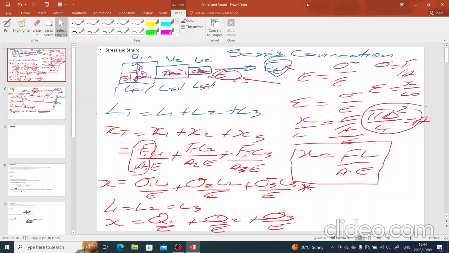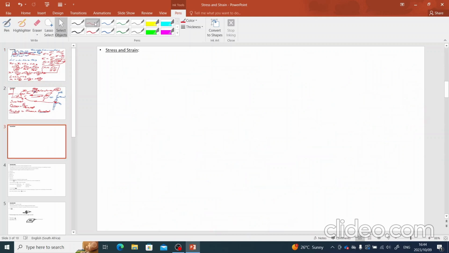Nothing restricts you at all. Now let's continue to explain this diagram. You have a compound bar made of 3 sections: L1, L2, L3, and D1, D2, D3.